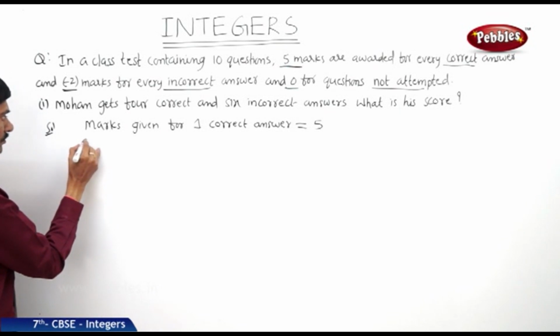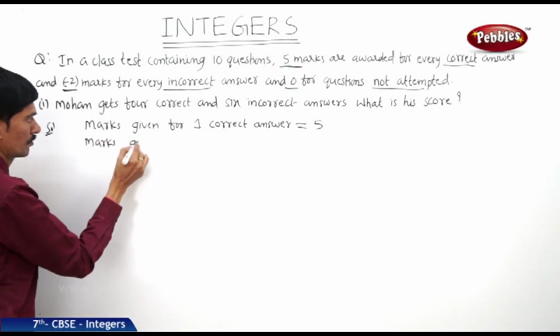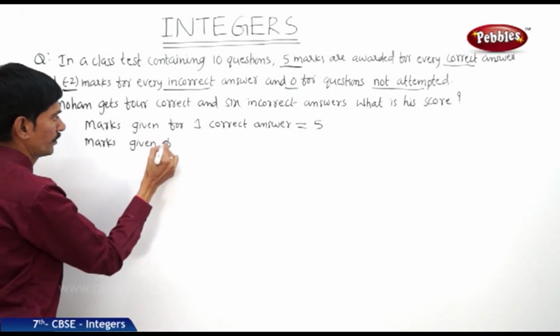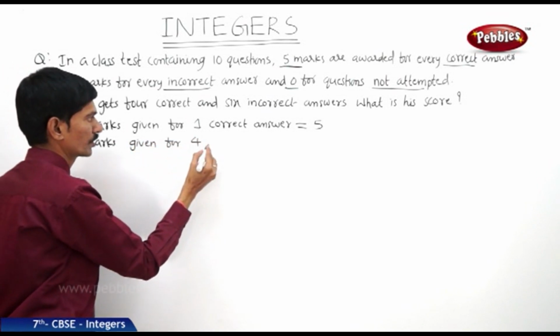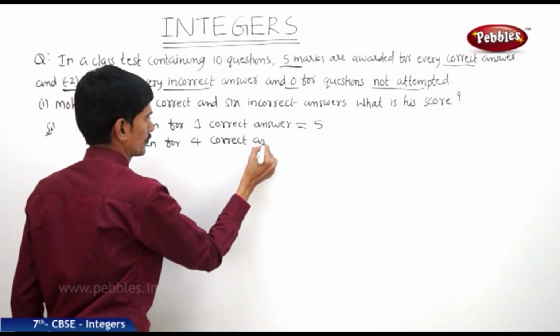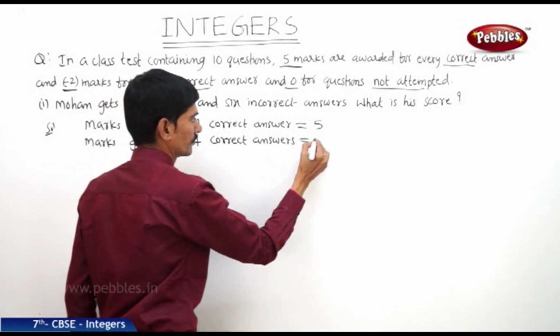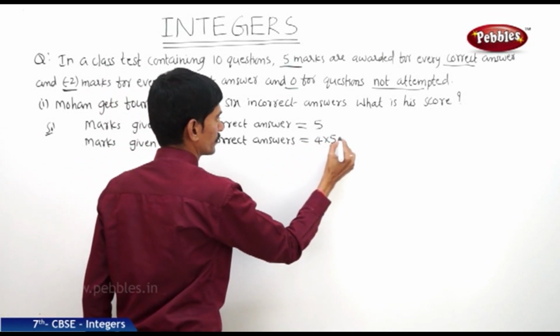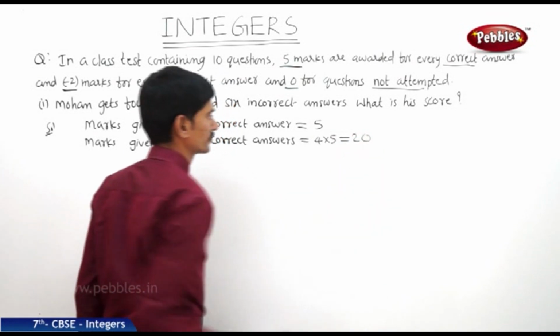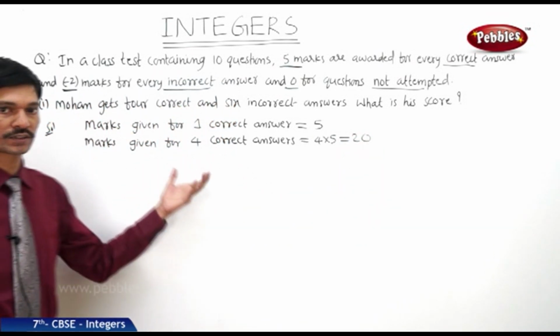So marks given for 4 correct answers equals 4 into 5, that equals 20 marks. Then we have to find the marks given for incorrect answers.